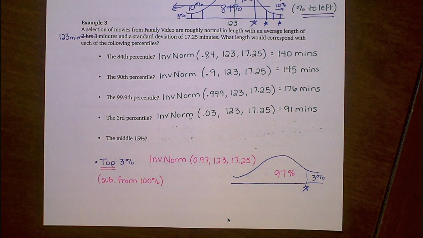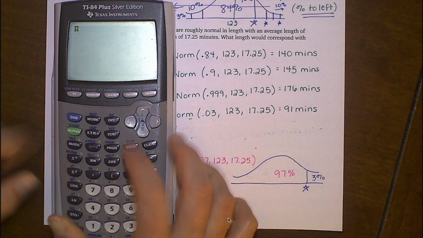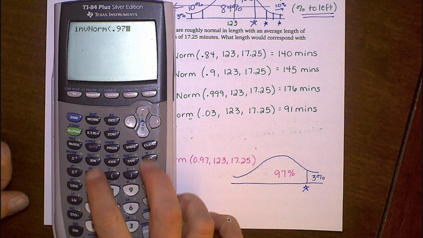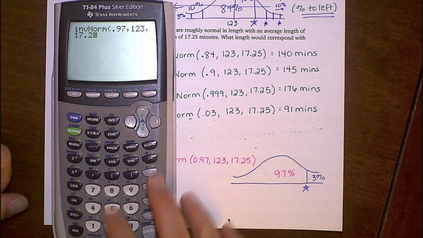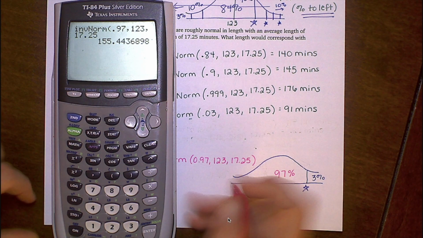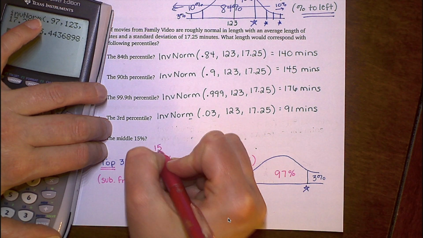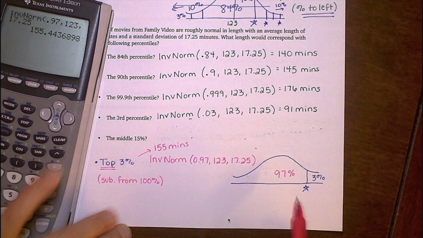Let's see. Oh, I cleared my screen here. Distributions, inverse norm, 0.97, 123, 17.25, and I end up with 155. Which makes sense to me.